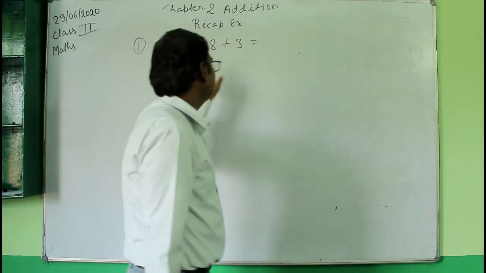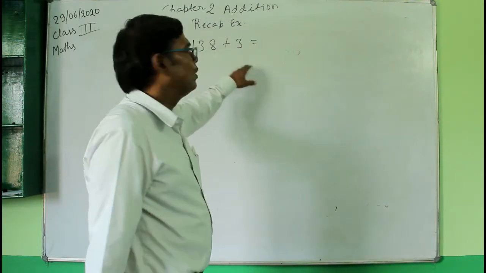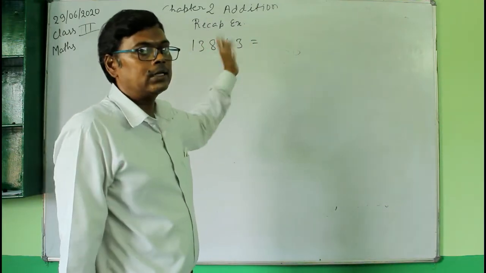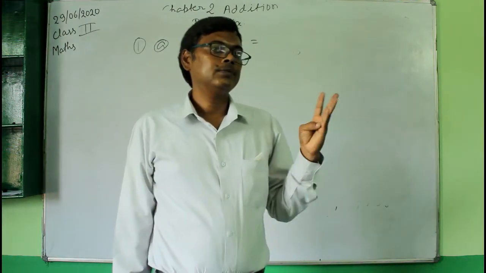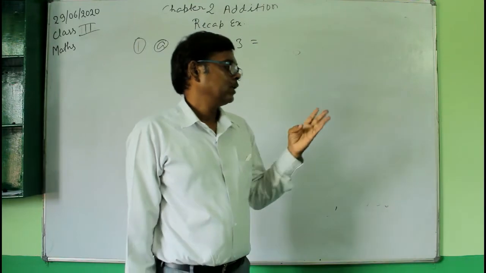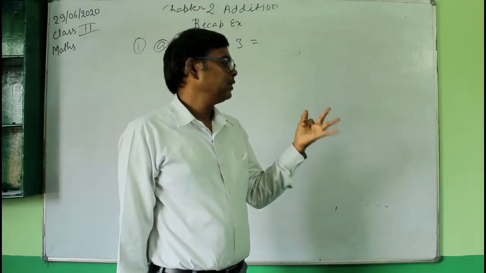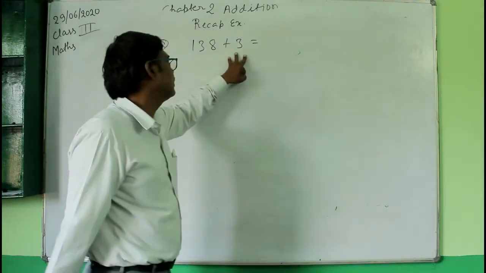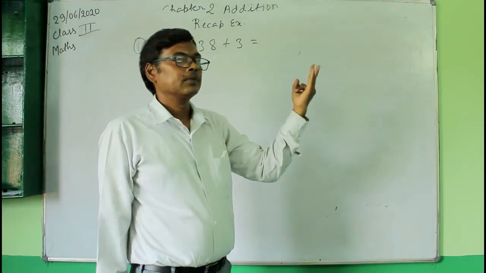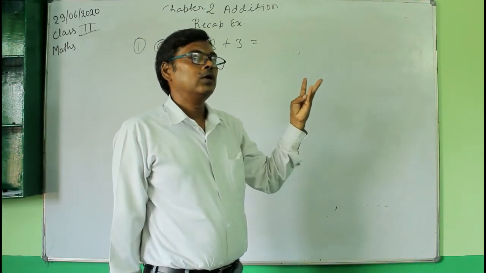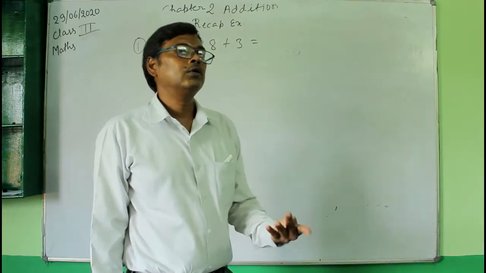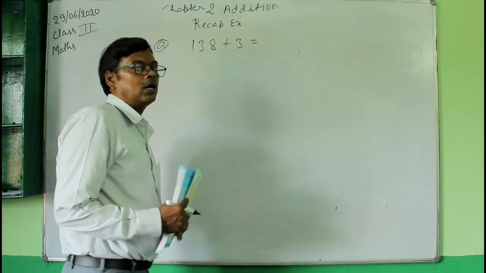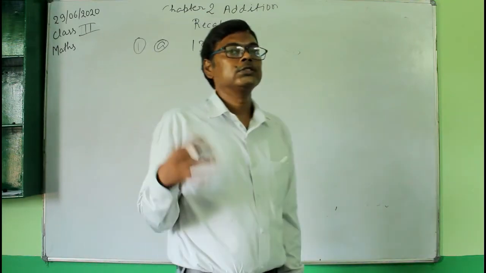Or you can just write 138, then count. 138, then 139. There are three numbers, we are adding 3 here, so 138, then 139, then 140, then 141. So the answer will be 141. This is how we add mentally by using some tricks.